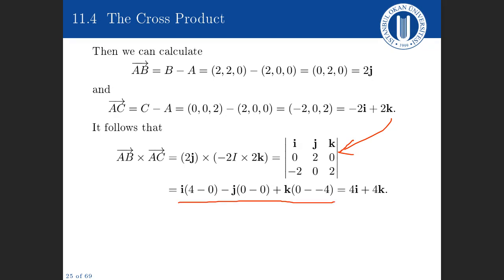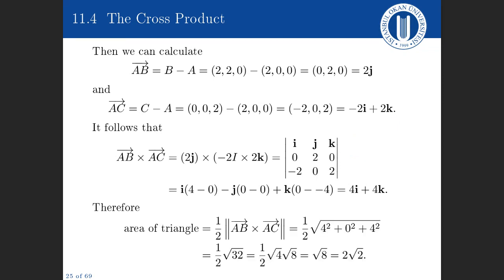If you don't understand about determinants, you can use the formula that I've been using before. i multiplied by 4 minus 0, minus j multiplied by 0 minus 0, plus k multiplied by 0 minus 4, which is 4i plus 4k. Therefore, the area of this triangle is a half multiplied by the norm of AB cross AC. And I'm not going to talk about the details here. I'll leave it for you to check that this is equal to 2 square root of 2.